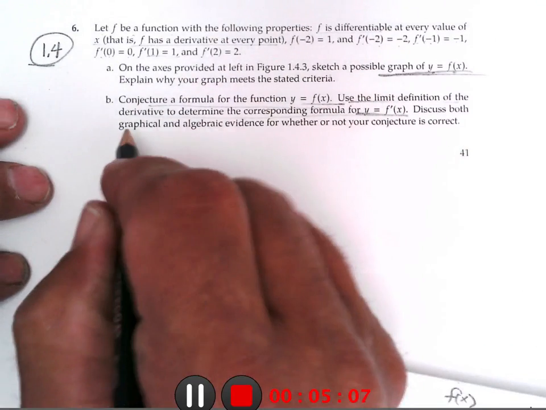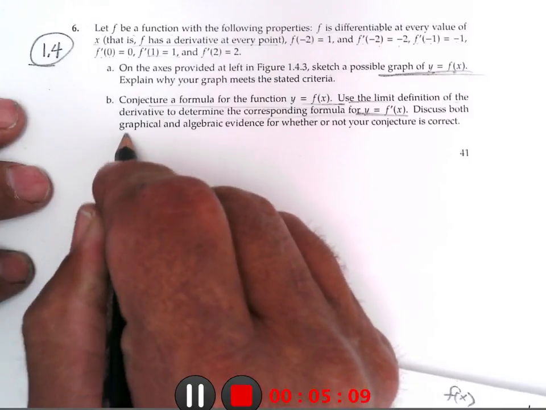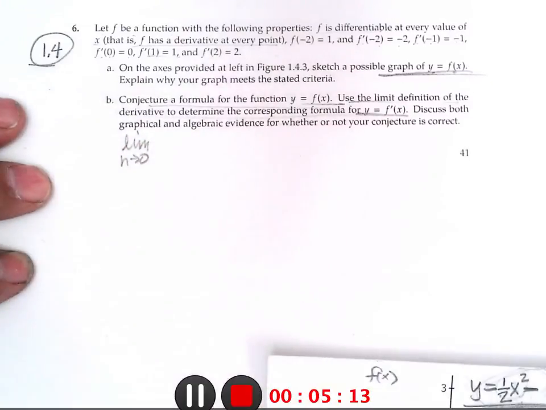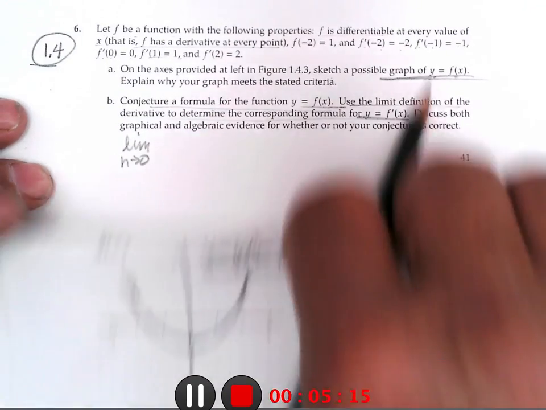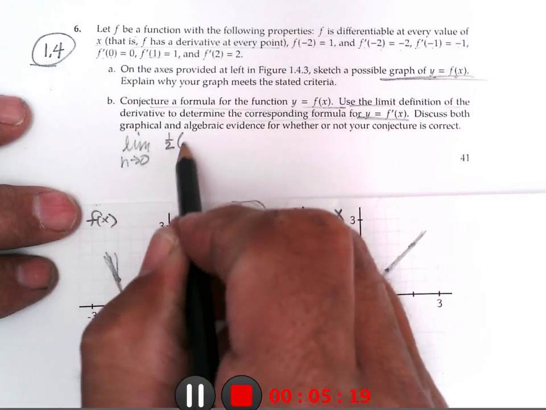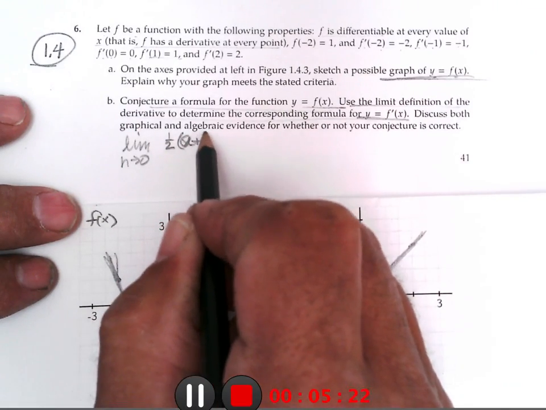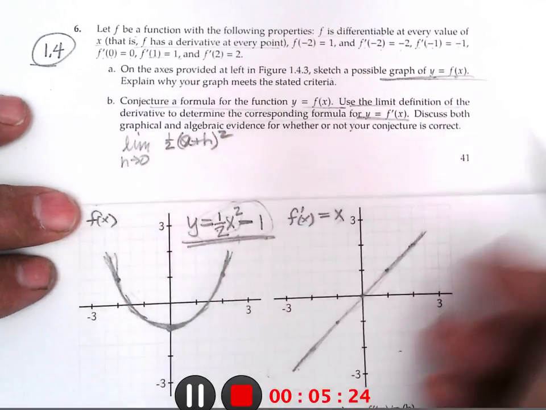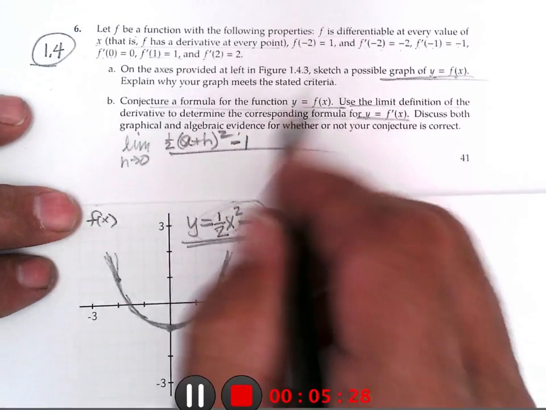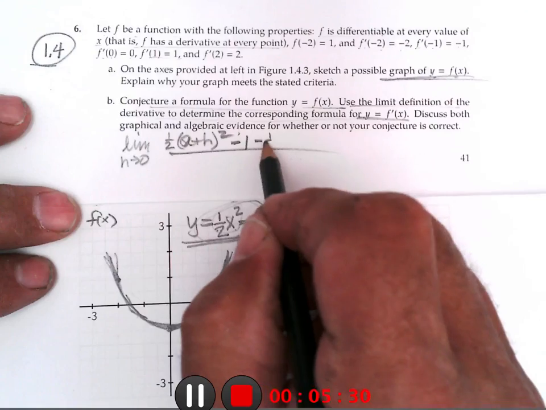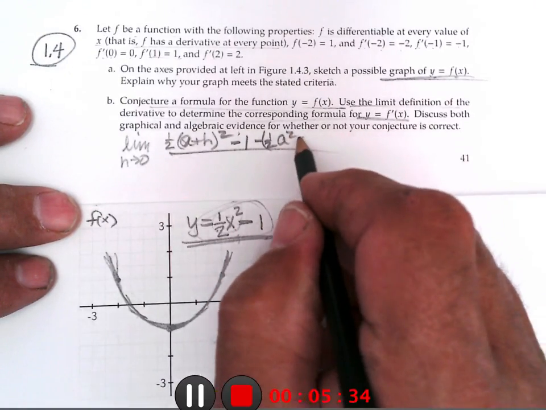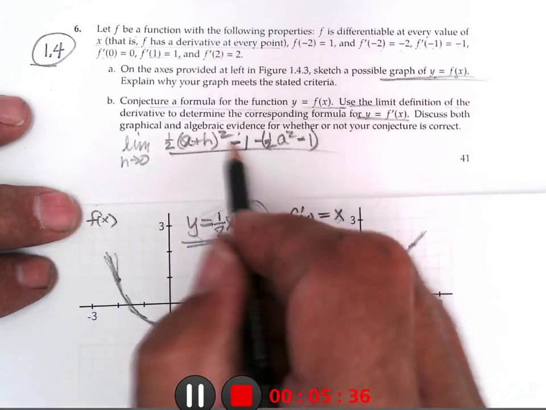we'd have the limit as h approaches 0, and we have here 1/2 times a plus h squared minus 1, minus 1/2 a squared minus 1, over h.